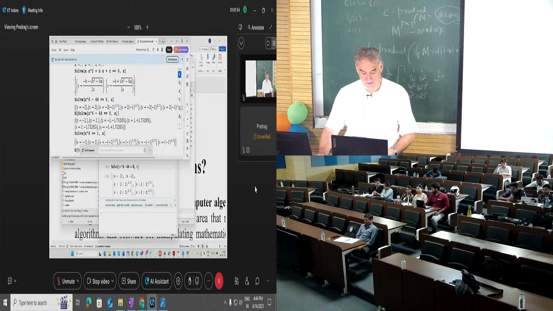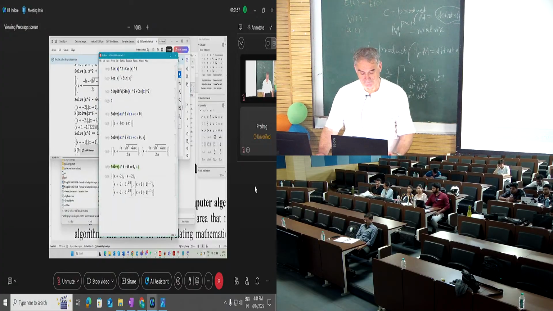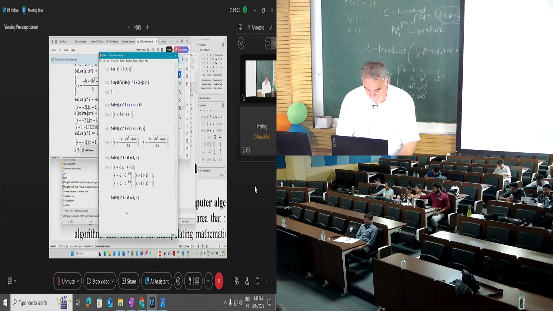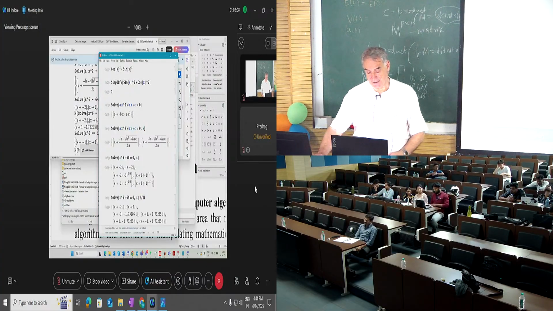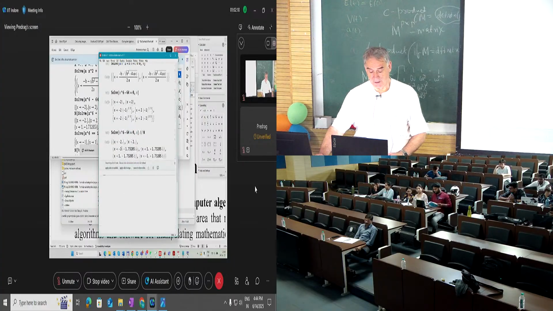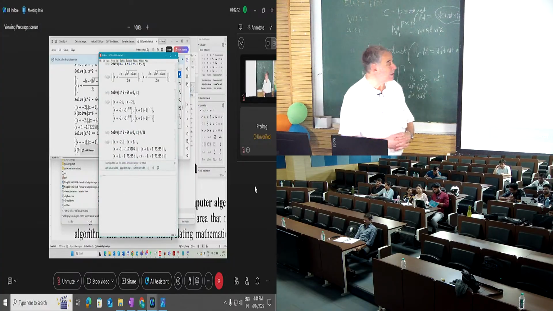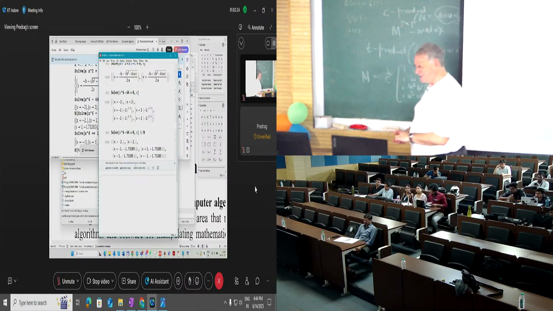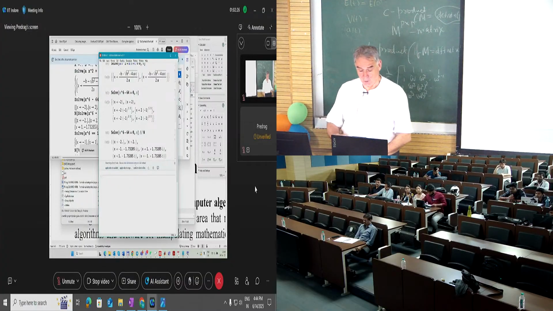We can ask for a numerical value of this. Give me the numerical value. We will see that 4 solutions are complex numbers. Here is the complex unit in case when Mathematica gives this as output.